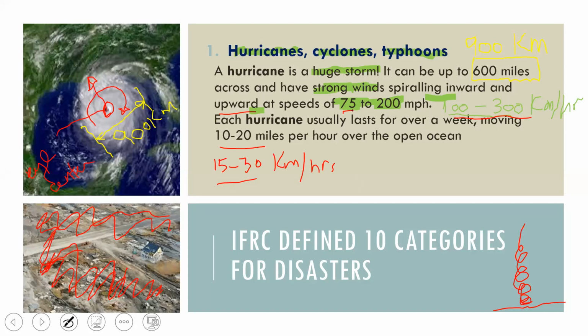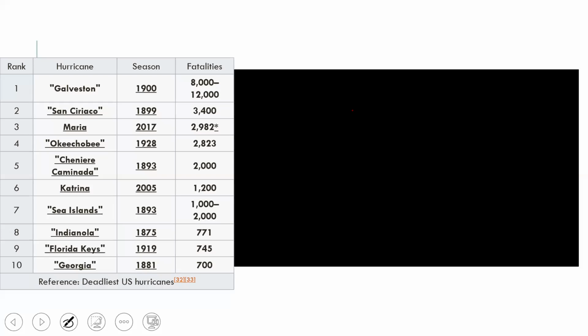We're not going to call it a hurricane because it is a very weak storm, so it cannot be classified as a hurricane. Let us see this small video about the different hurricanes.